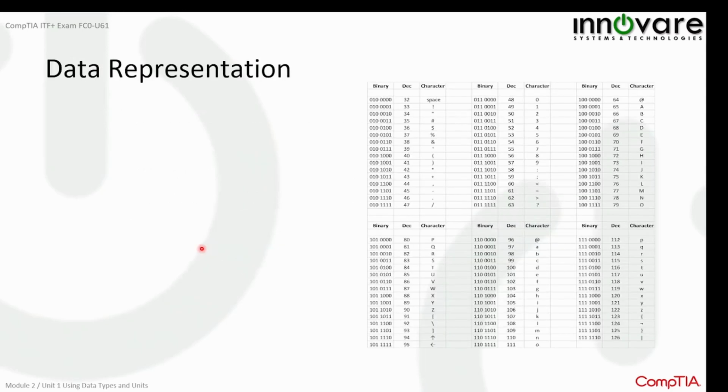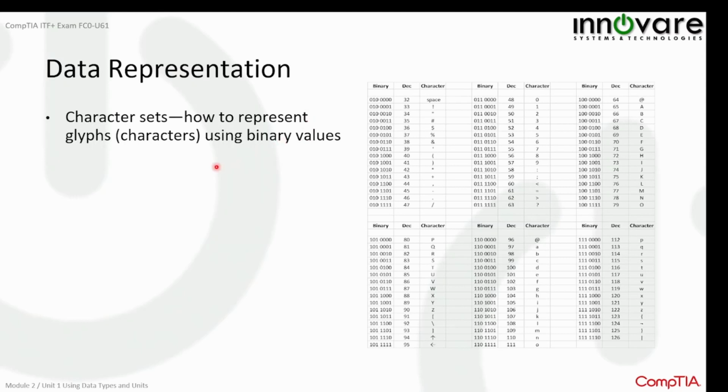Now, data is represented in different ways in IT or computer systems. There are what we call character sets, which define how to represent a particular binary. For example, a binary of 0100000 with an equivalent decimal value of 32 represents a space.